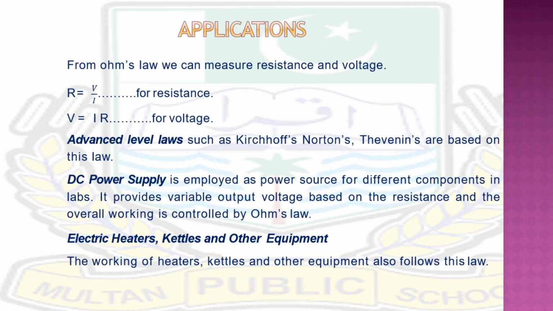From Ohm's law, we can measure resistance and voltage, and the formulas are, for resistance, R is equal to V over I, and for voltage, V is equal to IR.